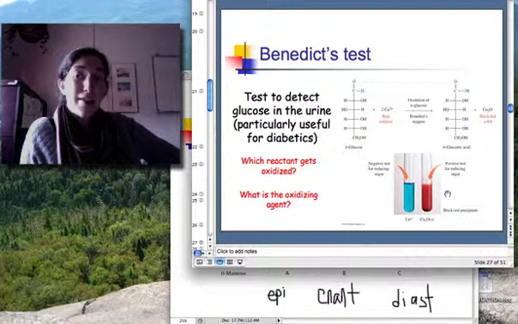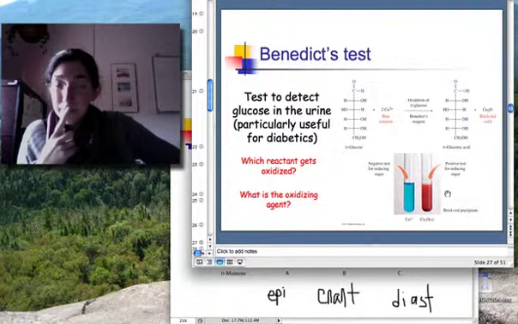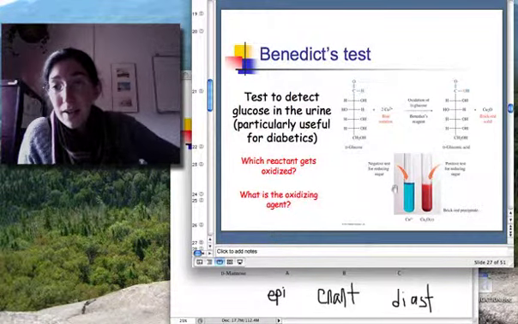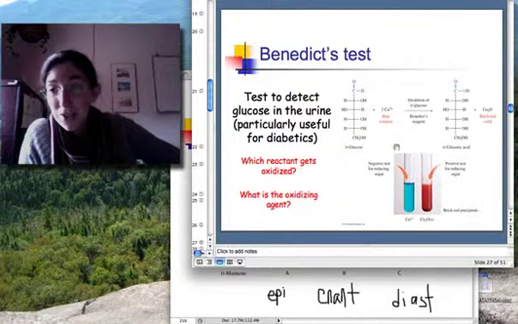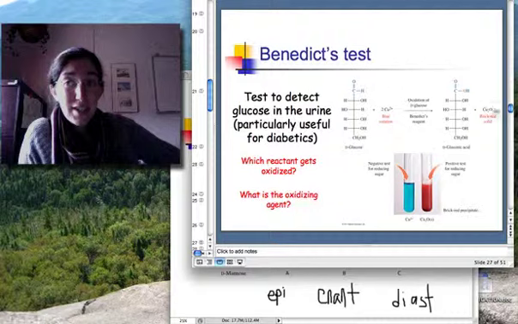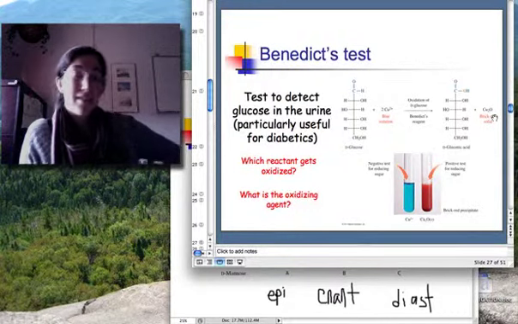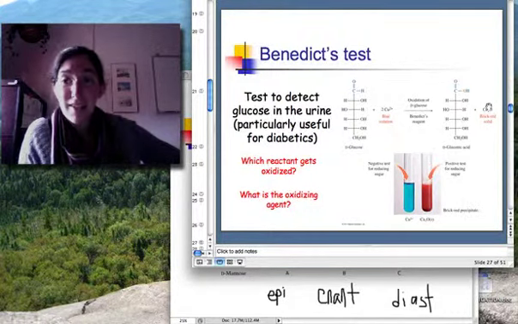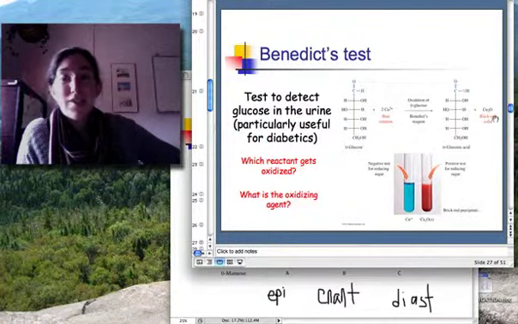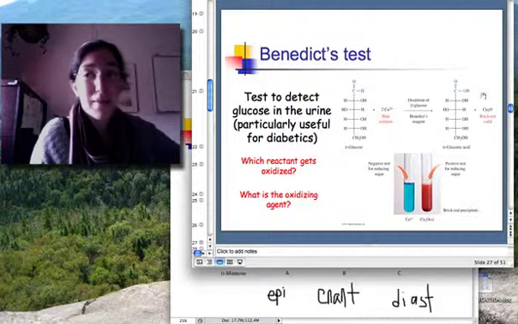And if it reacts with glucose, Benedict's reagent gets reduced, so it goes from copper to Cu2O. The copper reagent gets reduced, and I'm not going to bother explaining why.